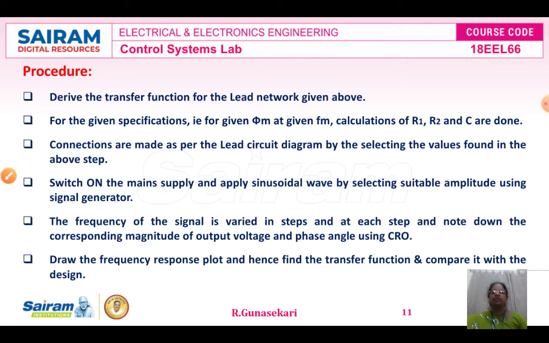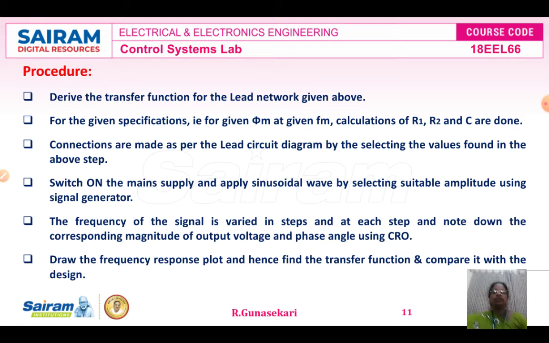Now the procedure. First we derive the transfer function and design the lead compensator network, and then we calculate alpha, time constant T, phi m, and the corner frequencies F1, F2, Fm, everything. Now switch on the main supply and apply the sinusoidal input to the lead network with the help of the signal generator.